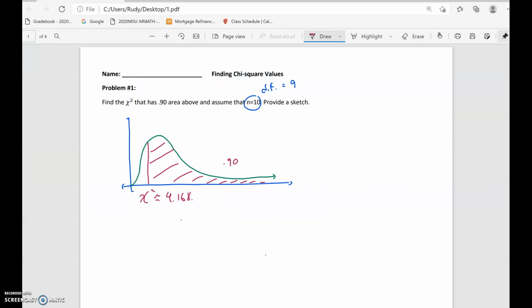So I'll rewrite it as: this chi-square value of approximately 4.168 has 0.90 area above, with n equal to 10. Okay, so our table gives us 4.168.